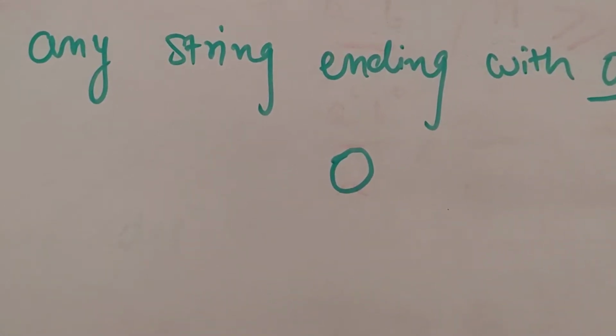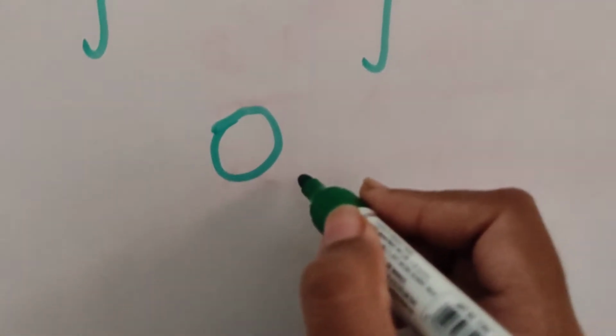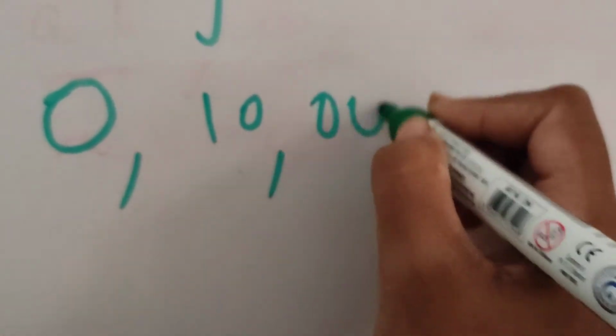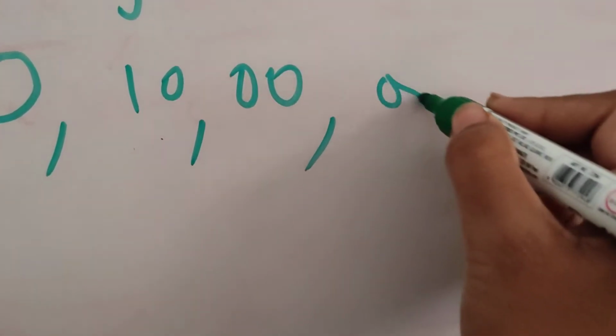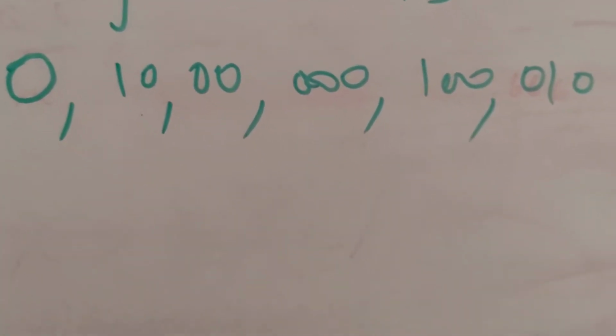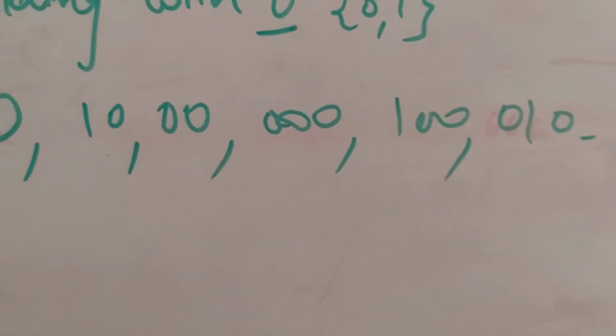We can take examples like 0, 10, 00, 100, 010, which all end with 0. So infinite examples we can take.